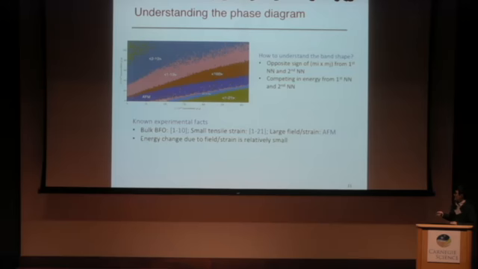Because the relative energy change due to the strain is relatively small for these different configurations, it tells us that these three different configurations have to be close to each other on the phase diagram. And the circled region is the only possibility here, which suggests that both C1 and C2 need to be finite. Also, C1 has a magnitude that is about one order of magnitude larger than C2.